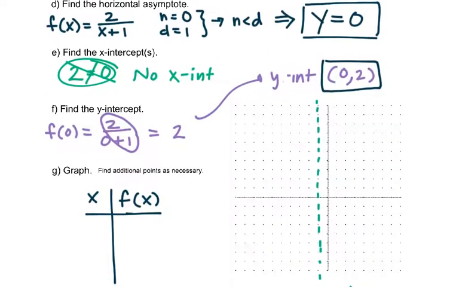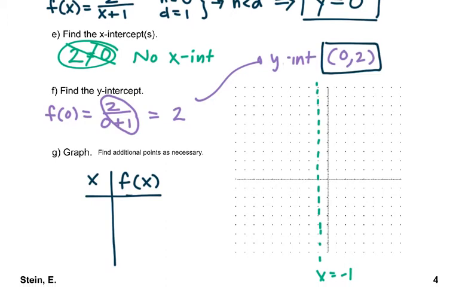I said I have a horizontal asymptote at y equals 0, so that is on the x-axis. I only have one point to plot, 0, 2, so +2 on my y-axis. And then I have a hole, and my hole is at -3/2, -4. So that's -1.5 down 4 units.